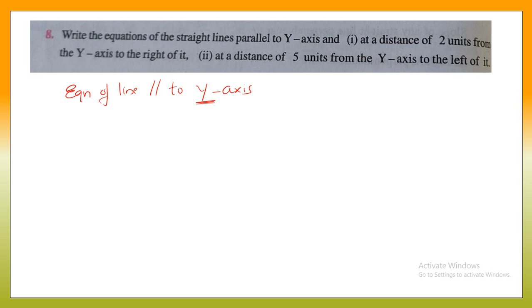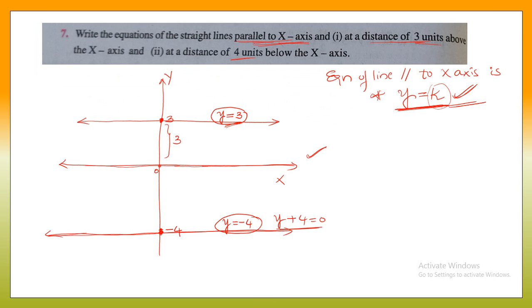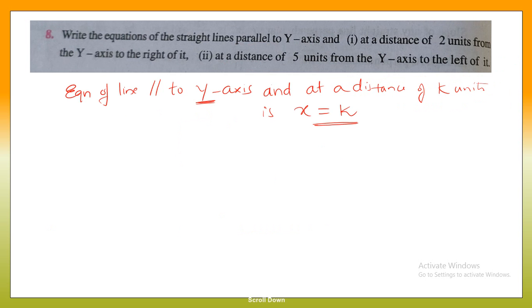So the equation of a line parallel to the y-axis and at a distance of k units is x is equal to k, since parallel to the y-axis means you need to consider x. In the previous one also, the equation of a line parallel to the x-axis at a distance k is y is equal to k. Here, at a distance k units parallel to the y-axis is x is equal to k.